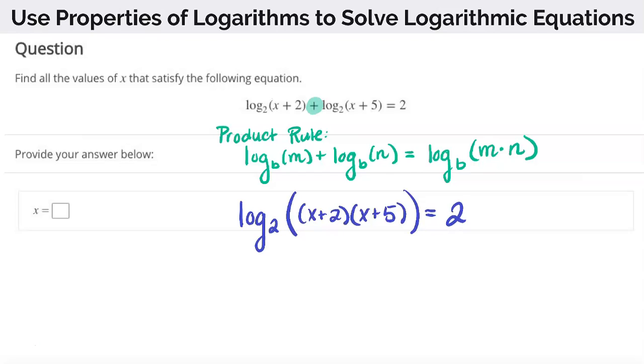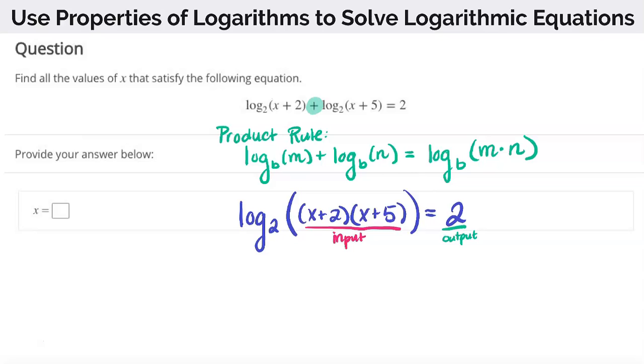And now at this point, it's back like the first question we were doing in this video, right? Where we just have a single log equal to some number, and we can switch it to the exponential form to get these x's from the inside to the outside. Right? So we're looking at this, right? We're going to take this whole thing, which was our input, and it is going to become the output, right? And this guy here, which was our output, is going to become the input in the exponential.